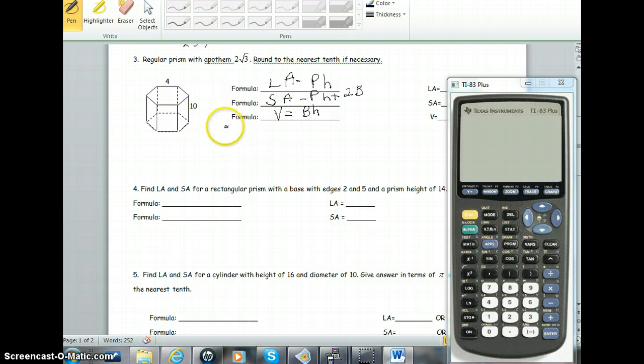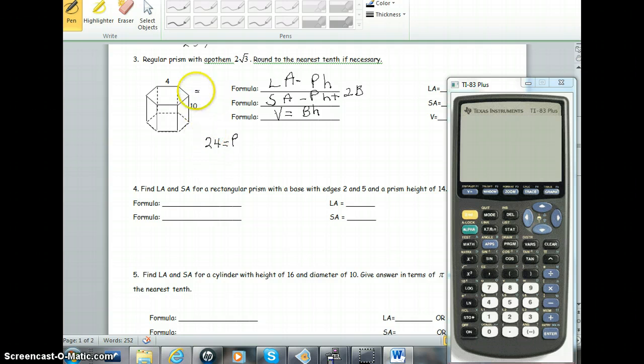Now, let's start our calculations. We know this segment here is 4, all the segments are of equal length, and there are 6 total segments, so the perimeter of this figure is 24. P equals 24.